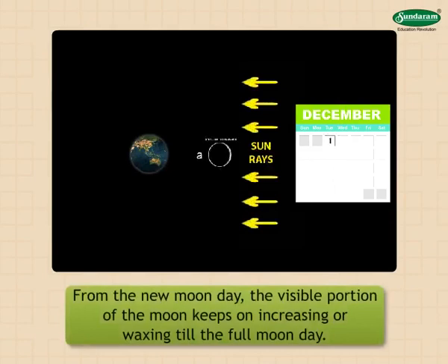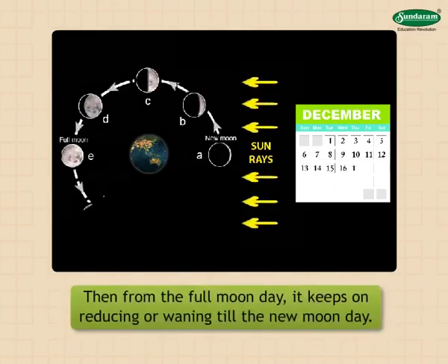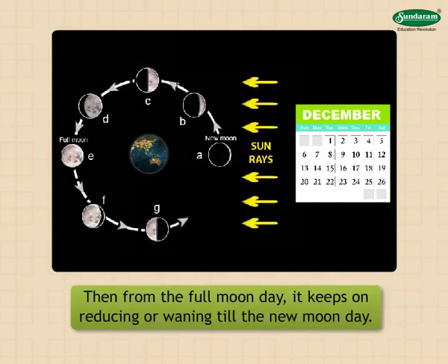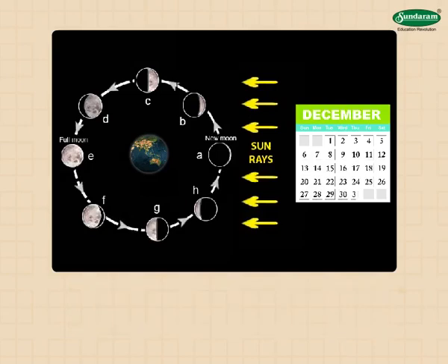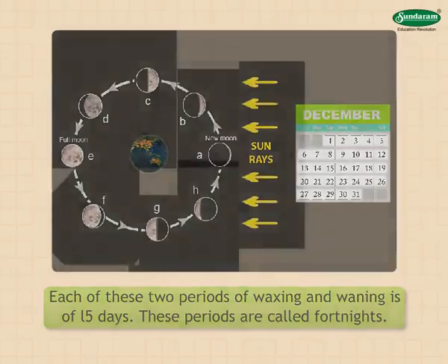From the new moon day, the visible portion of the moon keeps on increasing or waxing till the full moon day. Then, from the full moon day, it keeps on reducing or waning till the new moon day. Each of these two periods of waxing and waning is of 15 days. These periods are called fortnights.